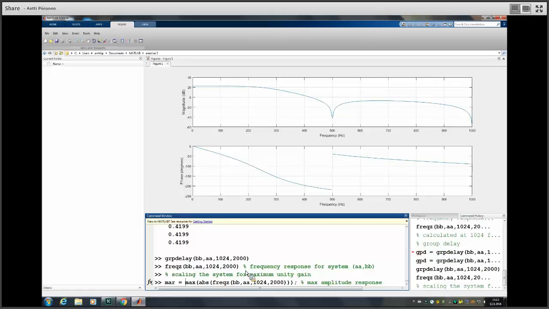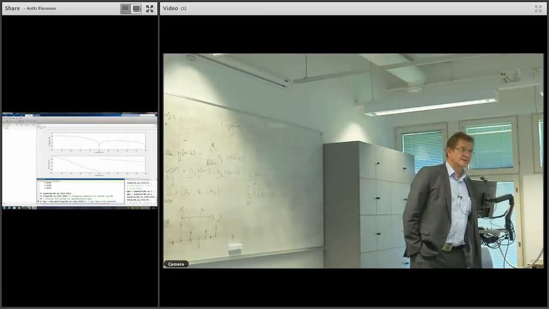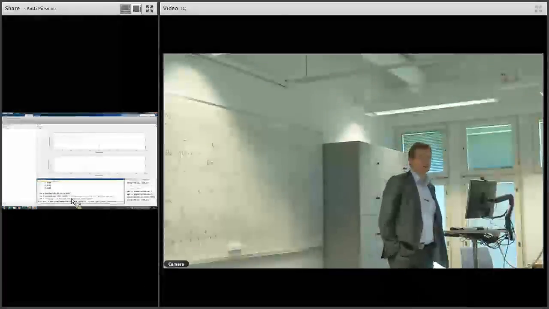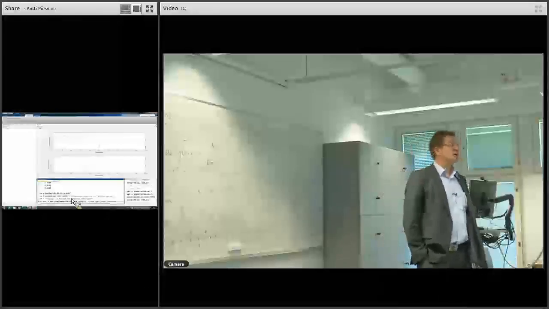This is not totally correct, a mathematician would say, but, well, you will be engineers. This was close enough. This gives you a pretty close approximation of the maximum amplitude response of the system.